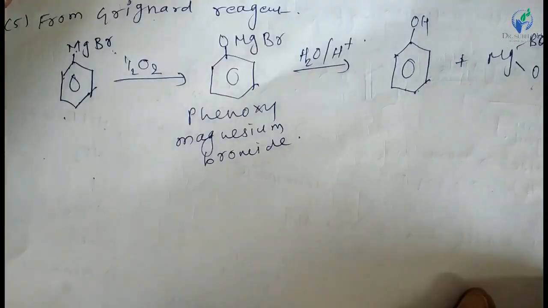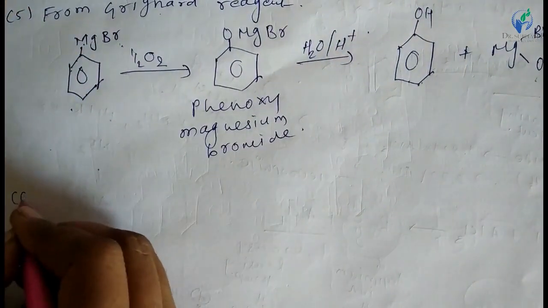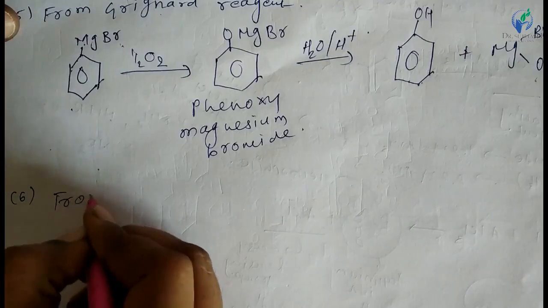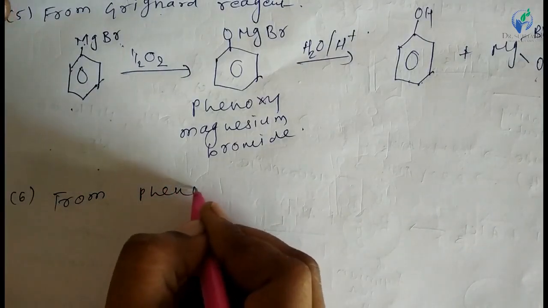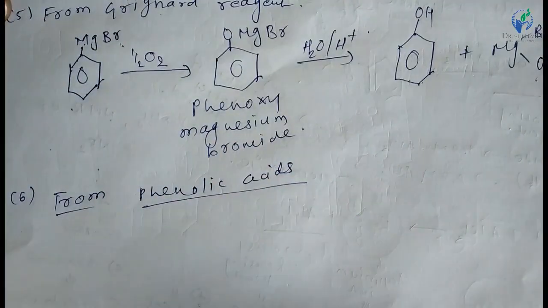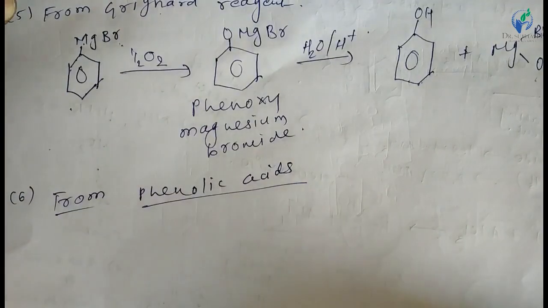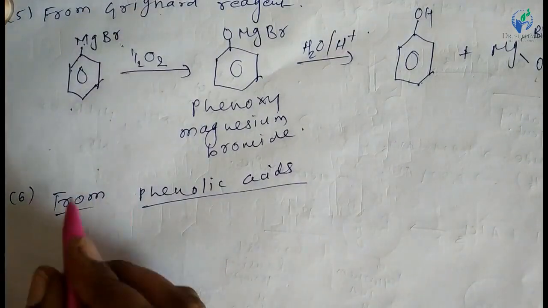Then the next method of preparation is from phenolic acid. Phenolic acid means a carboxylic acid having the phenolic group. For example, salicylic acid.